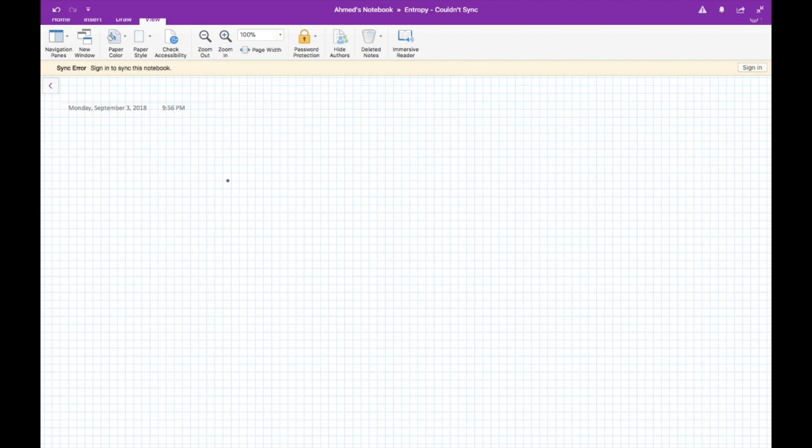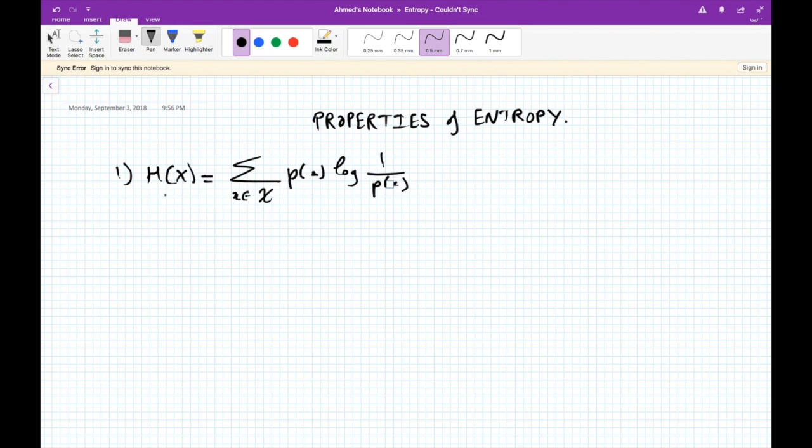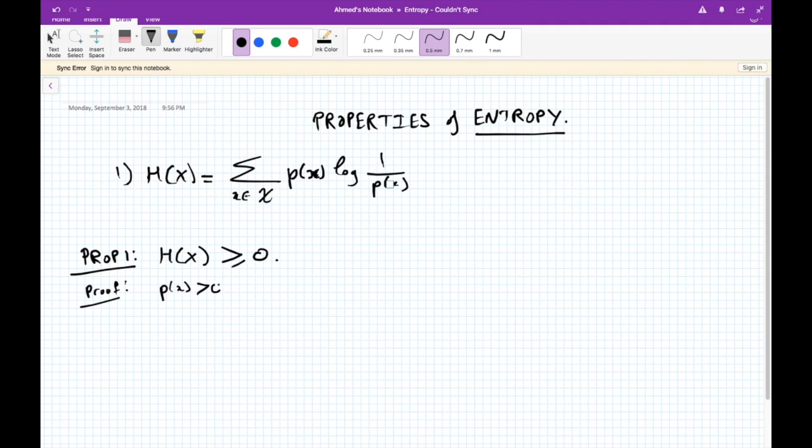Now, let's state some useful properties. So this was the definition of the entropy. The first property, property 1: H of X is a non-negative value. And why is that? This is easy to prove. Well, all your p of x's are positive, or equal to 0 at the minimum. Is log 1 over p of x also positive, so that we could say that the sum of positives is positive and then we're done?